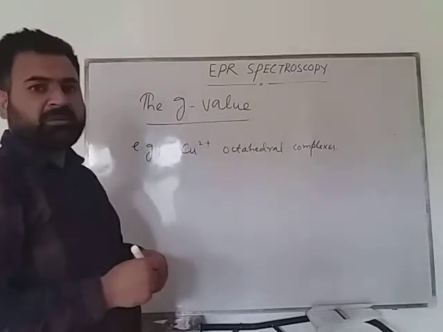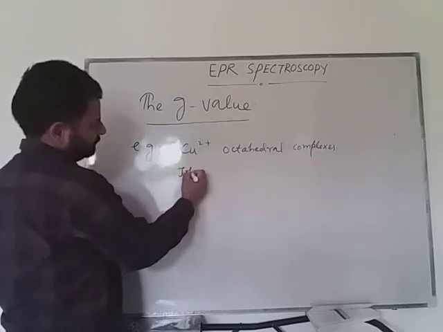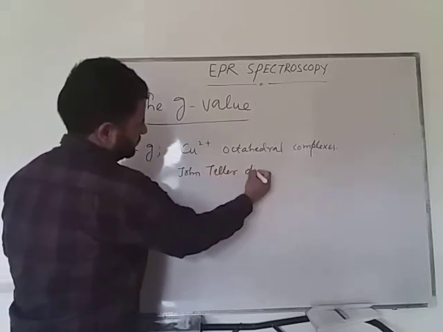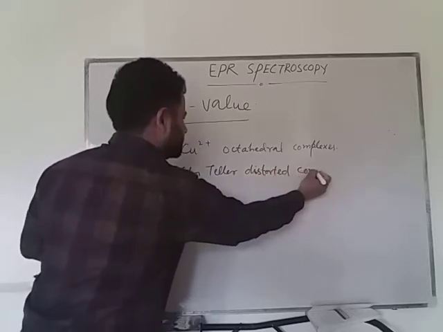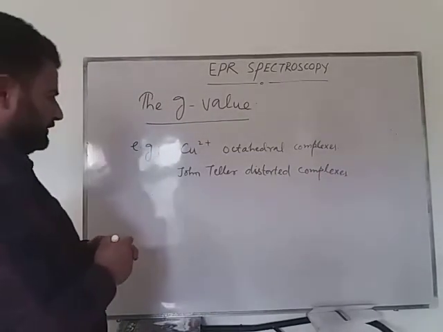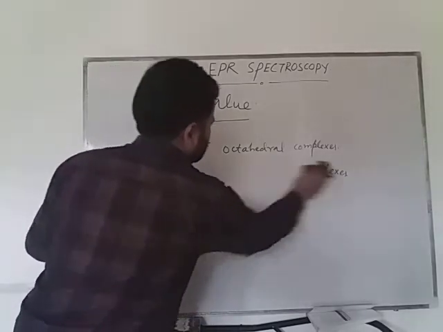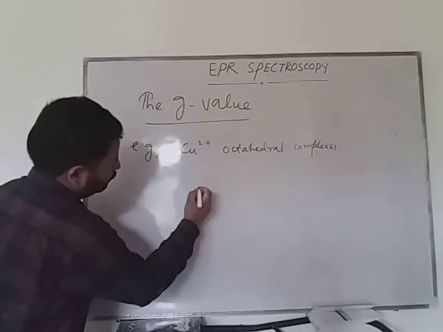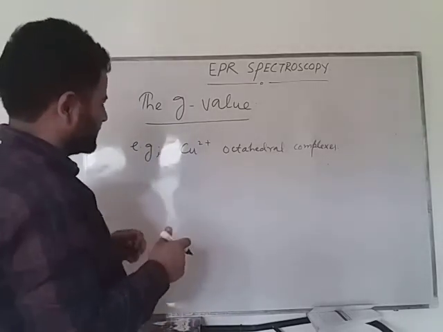Copper dipositive octahedral complex. In case of Jahn-Teller distorted octahedral complexes of this copper, we can see that the alignment of the energy levels of the d orbitals in such complexes will be aligned like this.